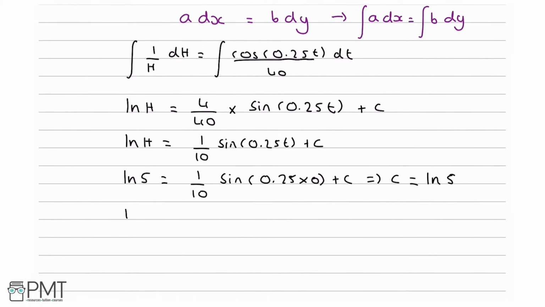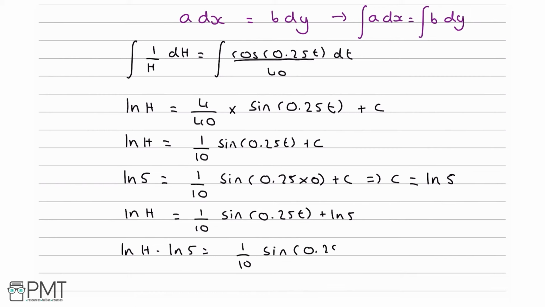Alright? Let's plug this all back into our equation. So we have ln h equals 1 over 10 sine of 0.25t plus ln 5. I'm going to subtract ln 5 from both sides, so we have ln h minus ln 5 equals 1 over 10 times the sine of 0.25t.